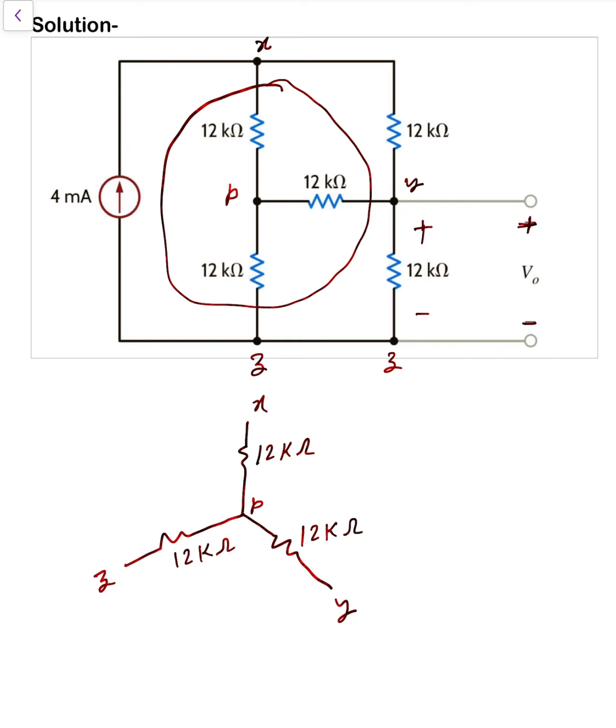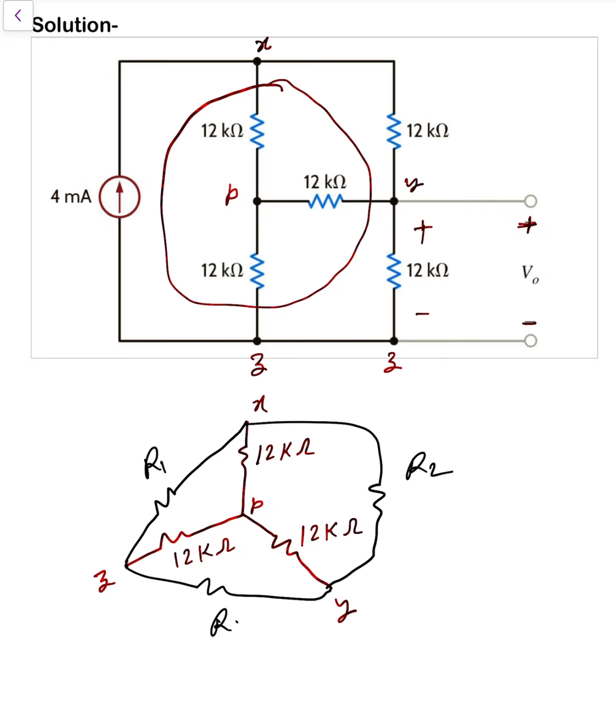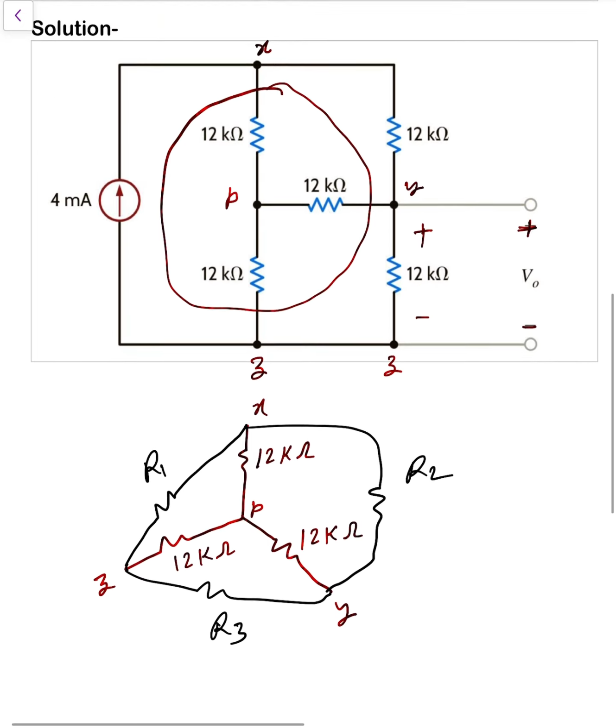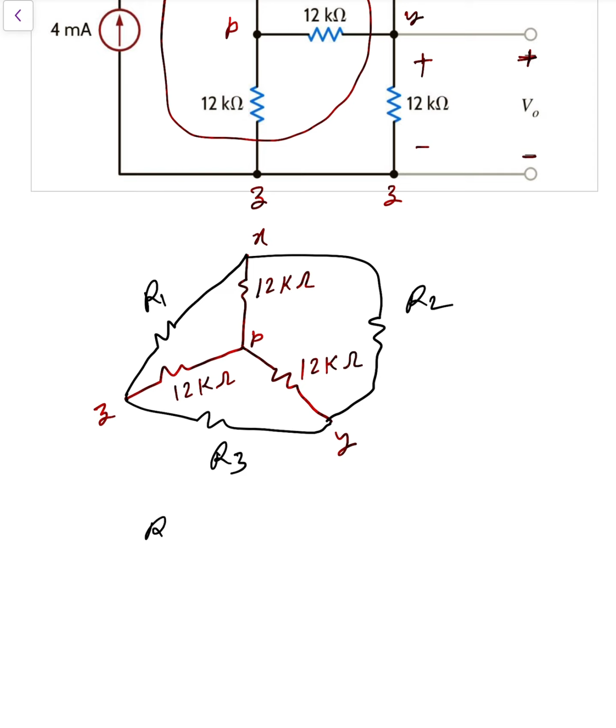If this star is converted into delta like that, and that resistance, and also that resistance, here R1, here R2, here R3. So what about R1? R1 is basically that resistance plus that resistance, 12 plus 12 plus 12 into 12 divided by that resistance.